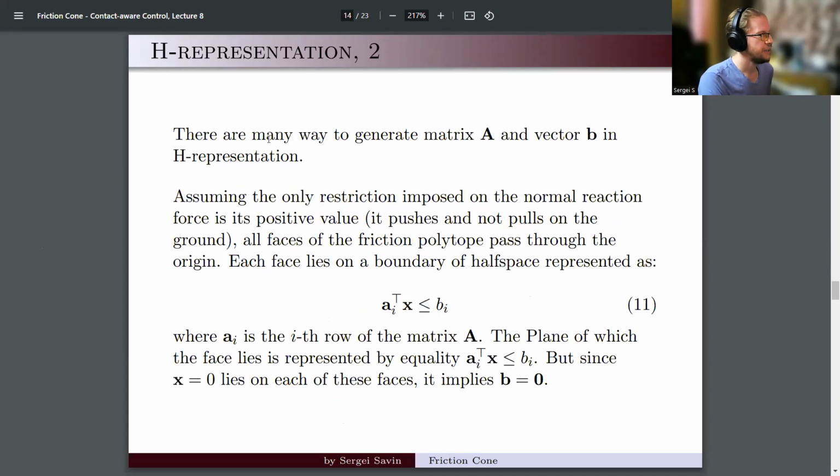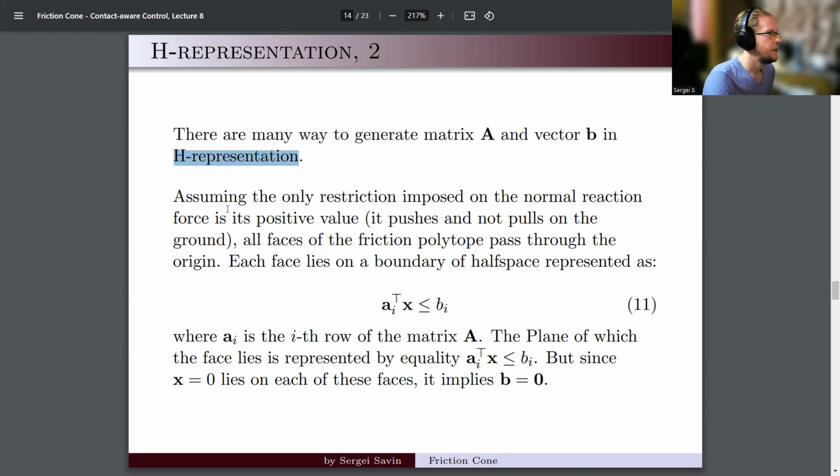Now, there are many ways to generate the A matrix and B vector in H representation, right? Like vertex enumeration would be an obvious choice. But vertex enumeration can be costly, and it also requires a polytope to be closed. We are not going to do it here.